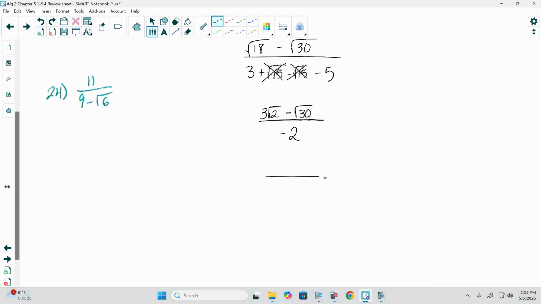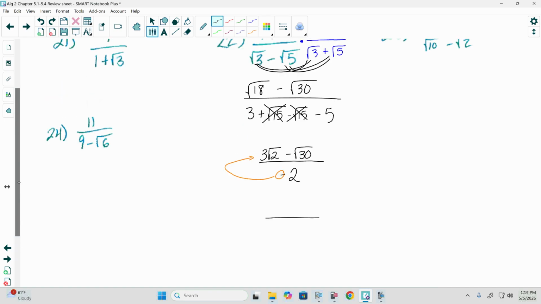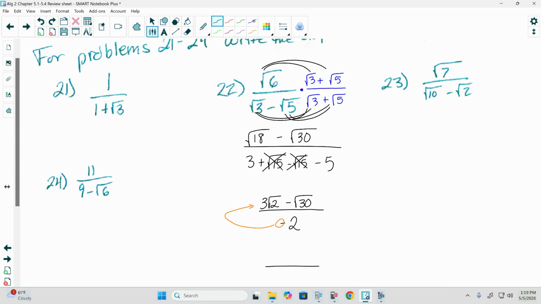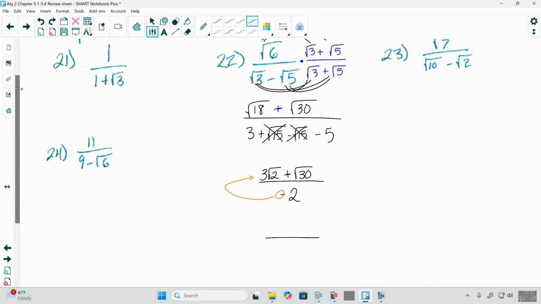Now, if we wanted to, we can make that denominator positive by taking that negative out and multiplying it through the top, telling us that we have, oh, yes, you're right. This should have been plus, not minus, because we multiplied by positive 5, not negative.